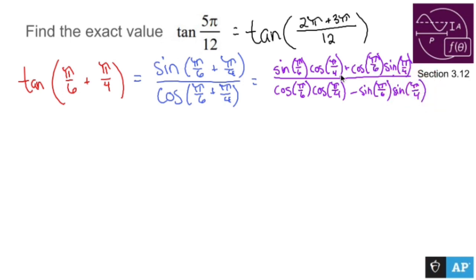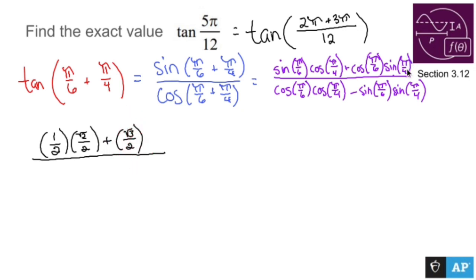Now, I'm assuming at this stage we feel okay with the unit circle, so I'm not going to spend a lot of time reminding ourselves how to find the sine of pi over 6. We're just going to go right to it. Sine of pi over 6 is a half. Cosine of pi over 4 is root 2 over 2. Plus cosine of pi over 6 is root 3 over 2.